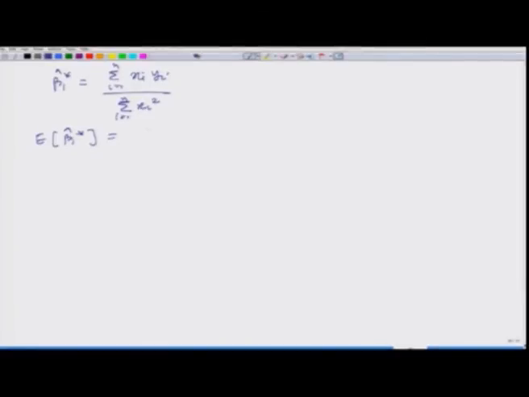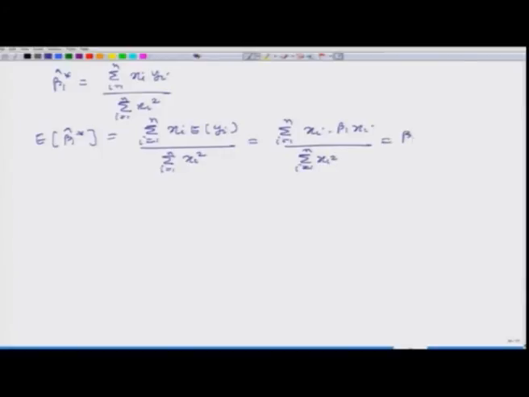This comes out to be summation i goes from 1 to n xi expected value of yi upon summation i goes from 1 to n xi square, and this quantity is nothing but summation i goes from 1 to n xi, and the expected value of yi is nothing but beta 1 xi, upon summation i goes from 1 to n xi square.